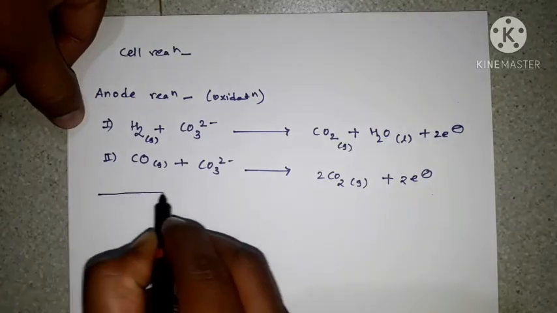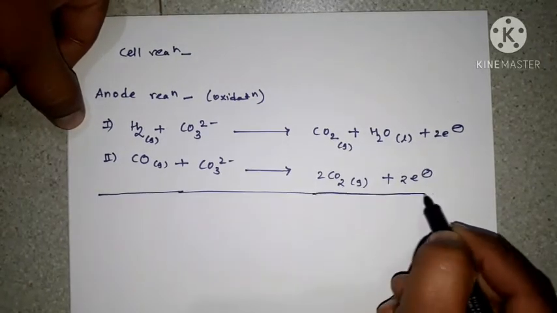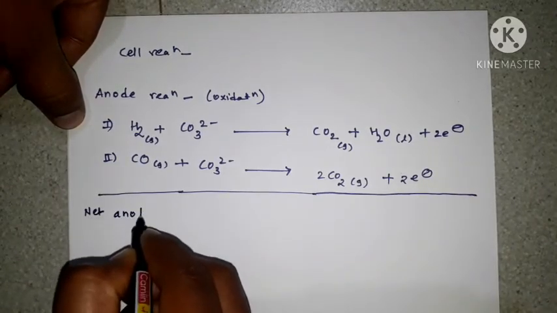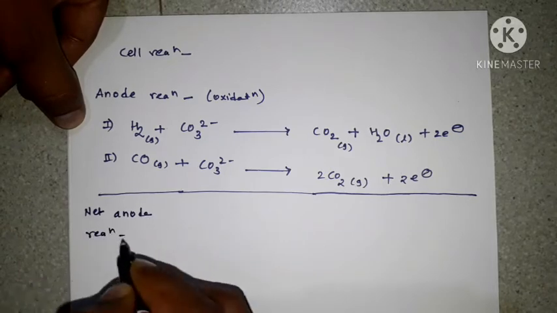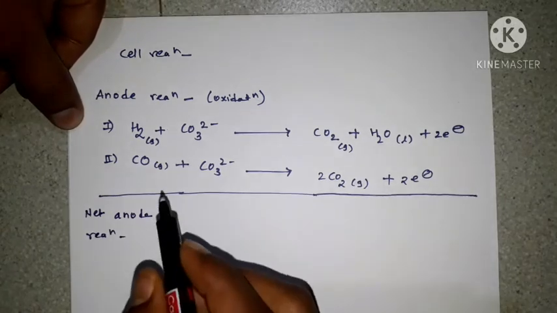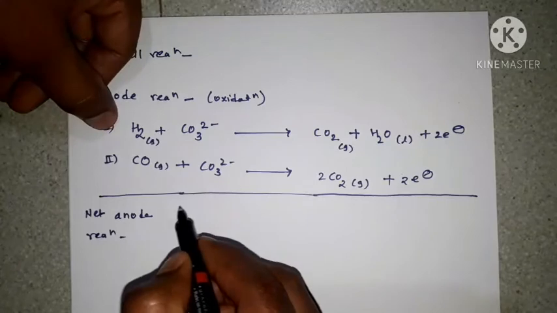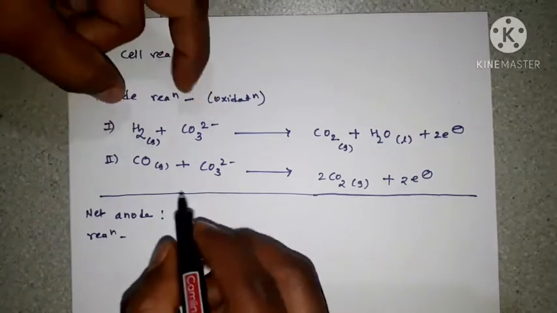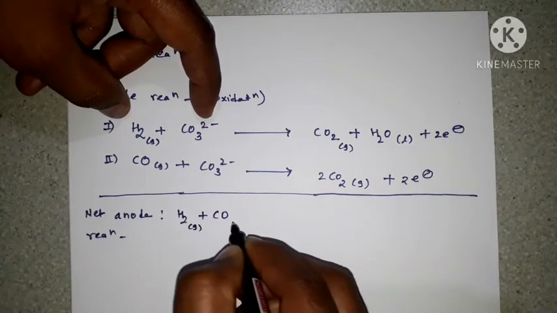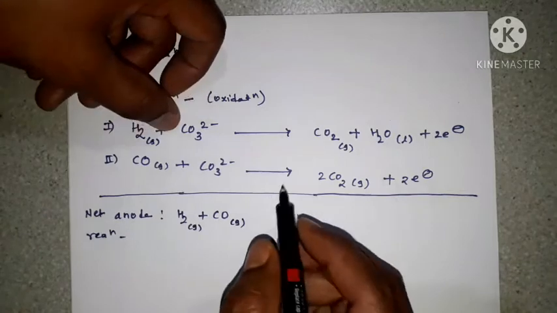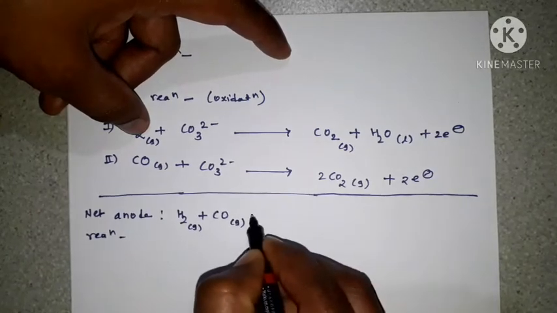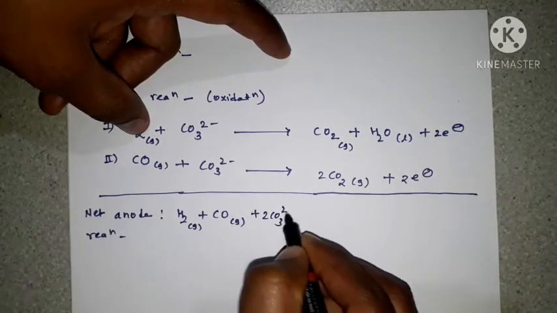Then we have to take the net anode reaction, which is used in the overall cell reaction. The net anode reaction: whatever remains on the left side is H2 plus CO, that is H2 gas and CO gas, then CO3 2 minus and CO3 2 minus, you can write 2 CO3 2 minus.